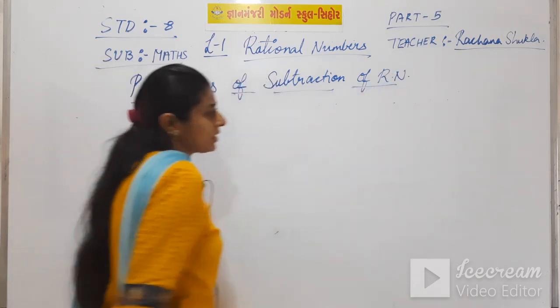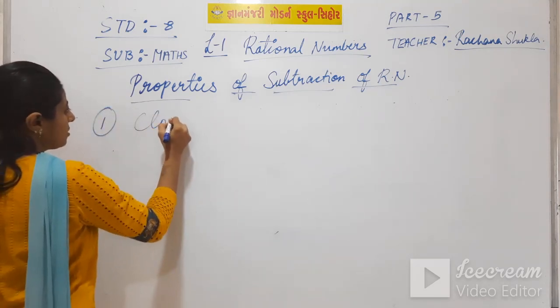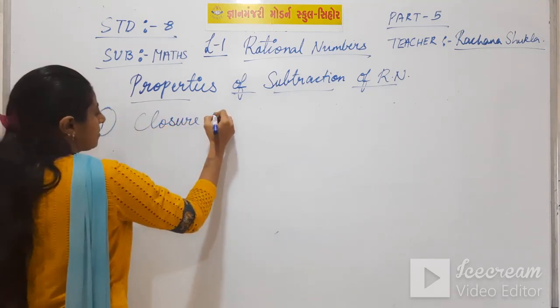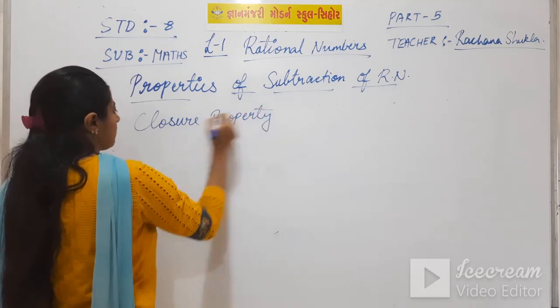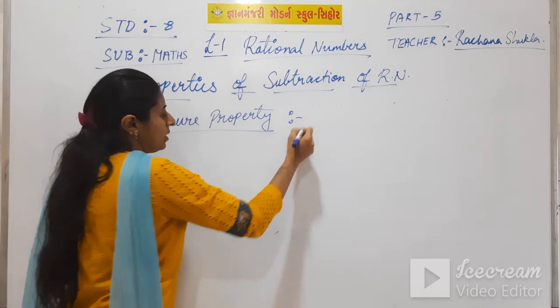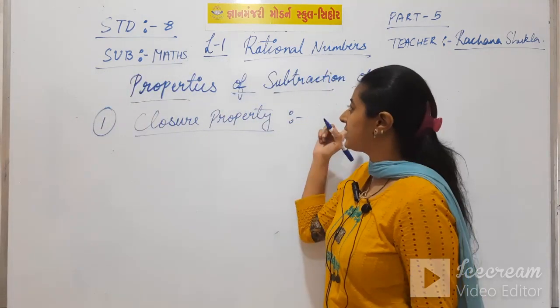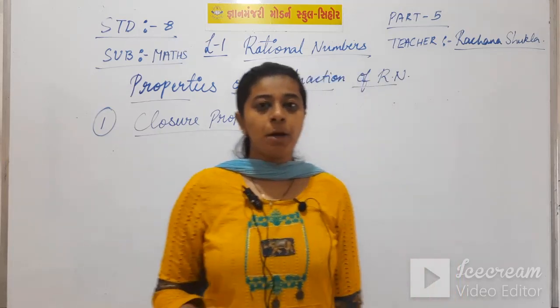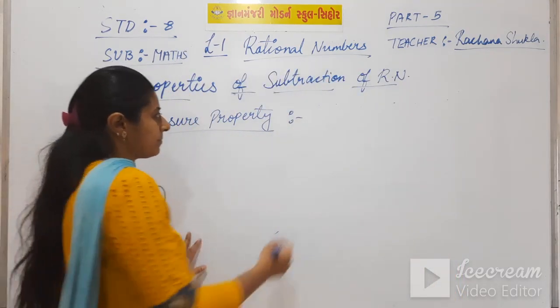The first property, closure property. In addition also the first property was the closure property. In subtraction also the first property is closure property. Now what is closure property?